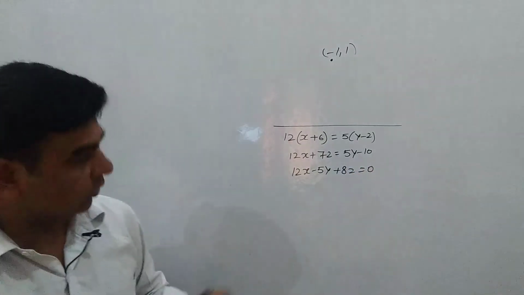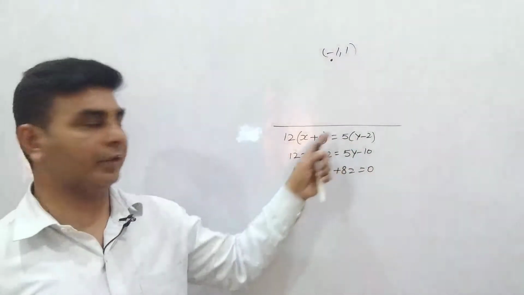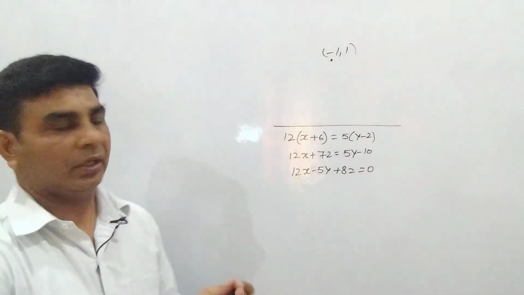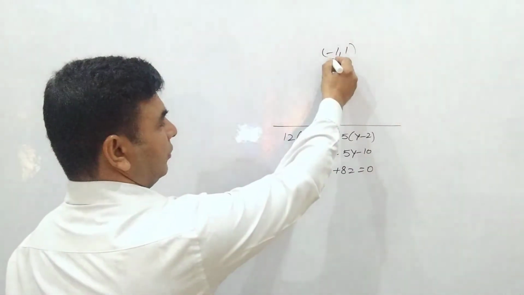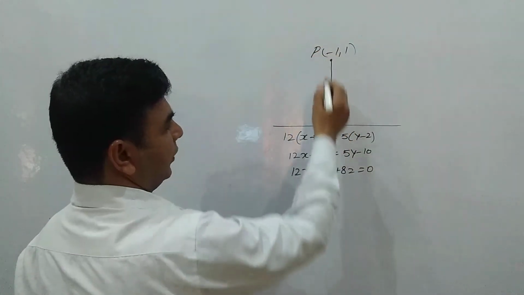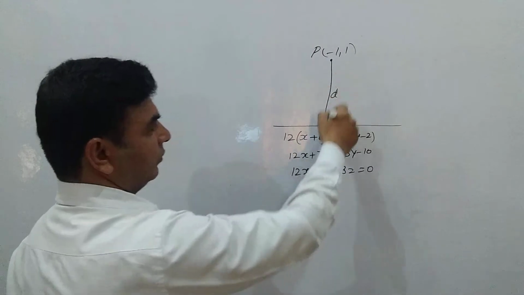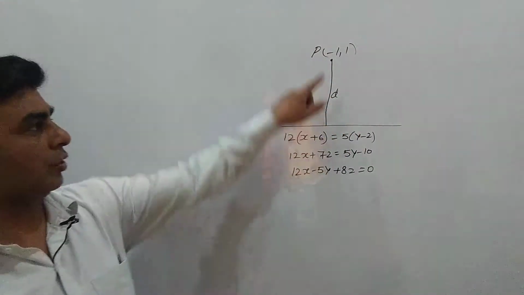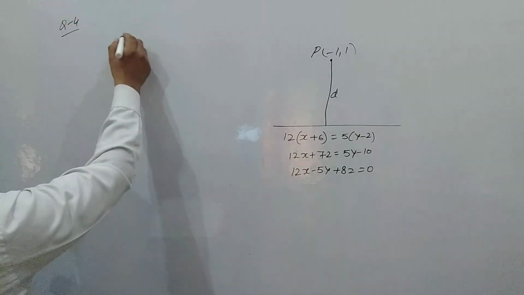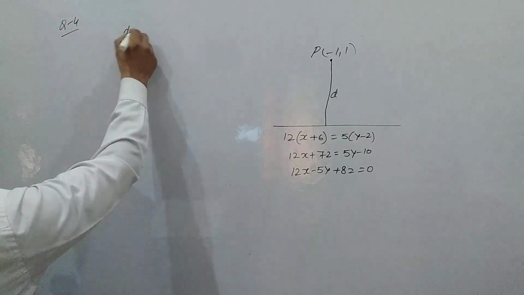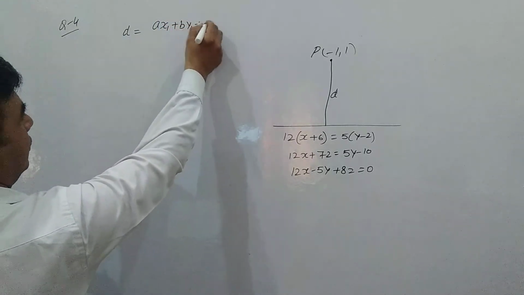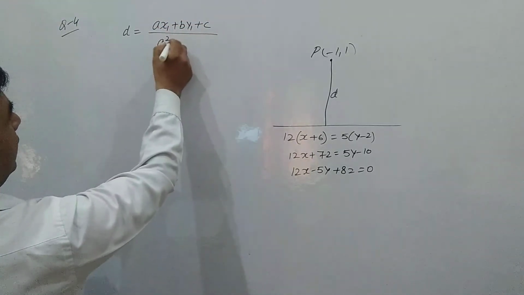So the given equation of line can be reduced into the form ax plus by plus c is equal to 0. Now we want to find the perpendicular distance from the point to the line. This is the point P, and we want to find the perpendicular distance from this point to the line, and this is given by d, which is always ax1 plus by1 plus c over square root of a square plus b square.